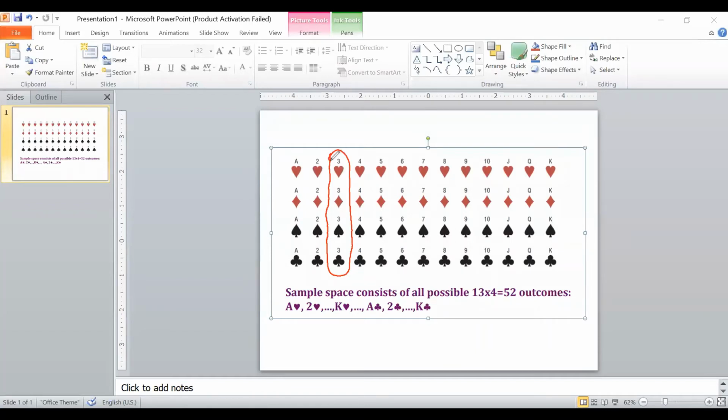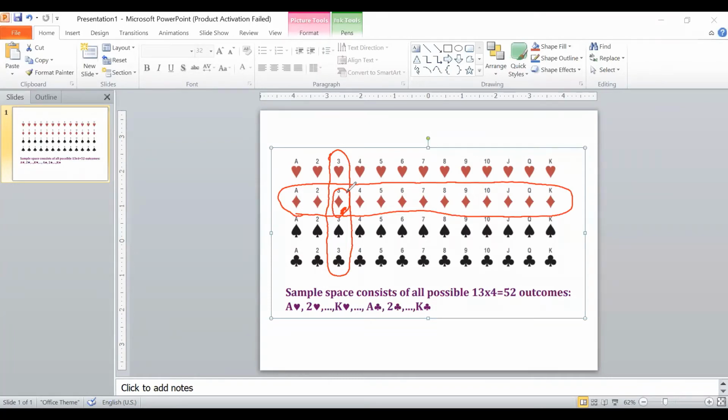How many possibilities are there? There are 4 possibilities. Then the other event is getting a diamond. In diamond, there are 13 cards. Now can you see the outcome 3 is repeating twice?